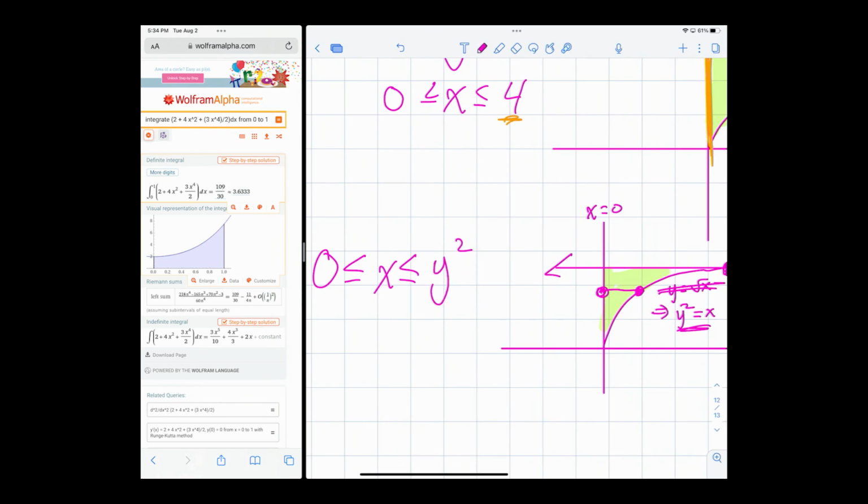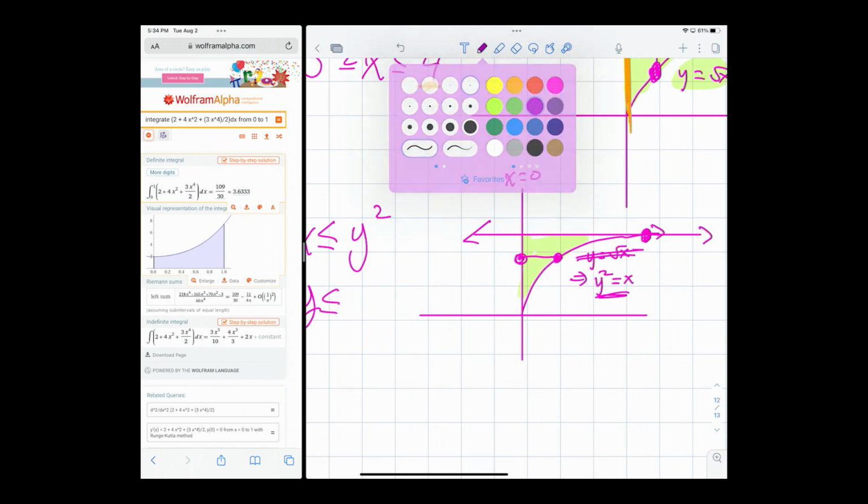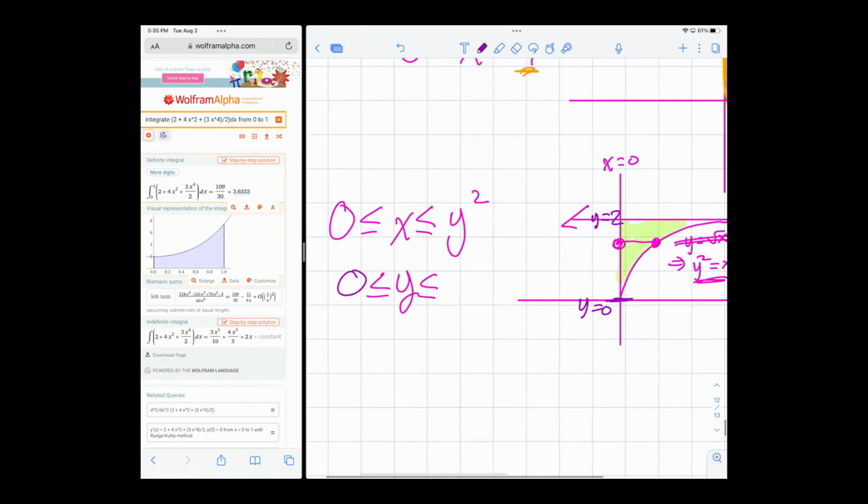And then for y bounds, we just need the minimum and maximum y value. The minimum y value on here is down here. This is y equals 0. And of course, this is y equals 2. So we have 0 and 2.